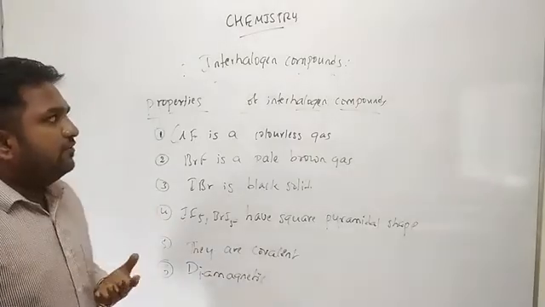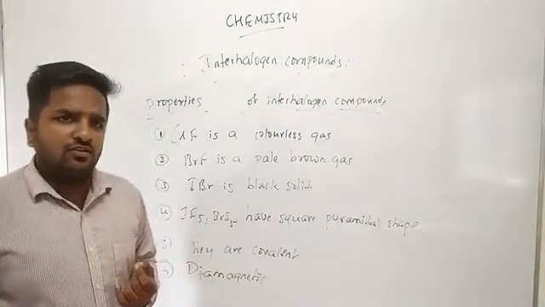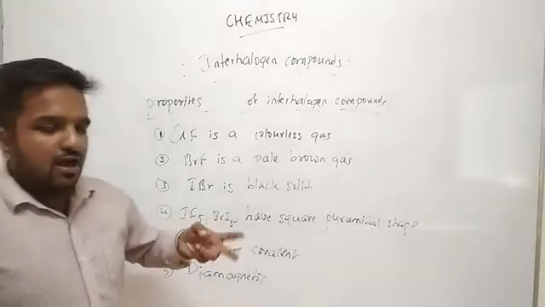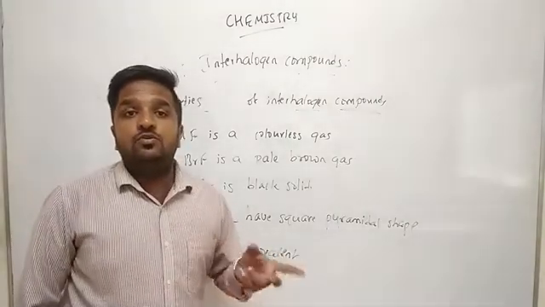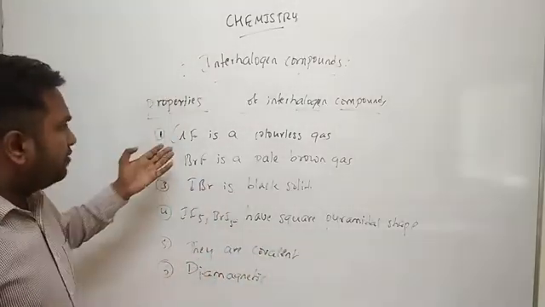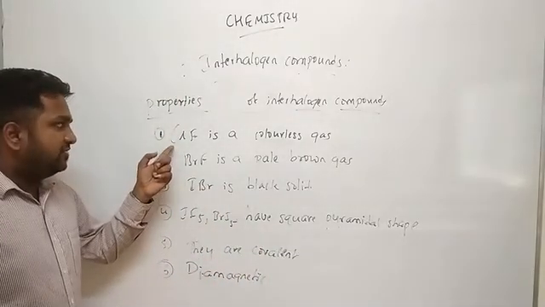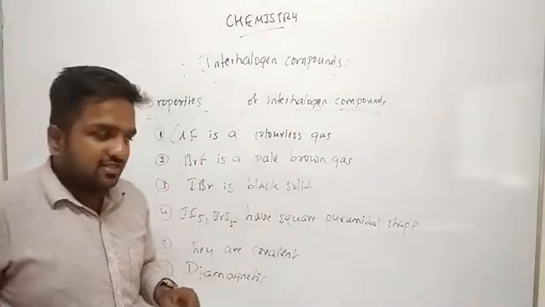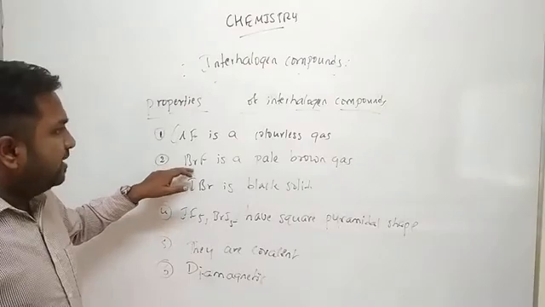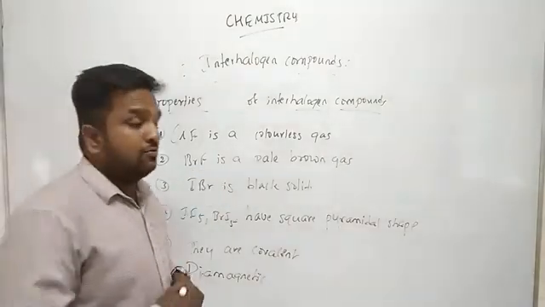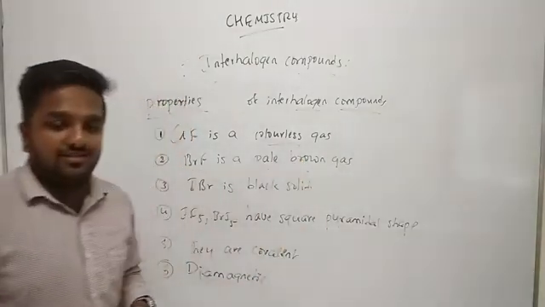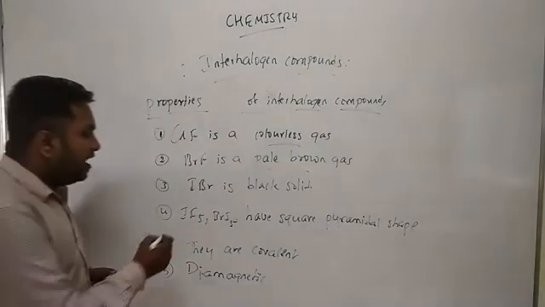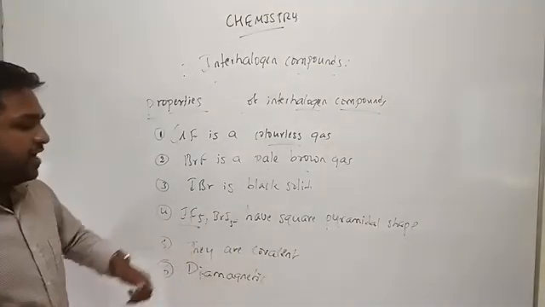So now we are looking at the properties of interhalogen compounds. They differ in their properties because the combinations are between two different halogens. Clear? First of all we have ClF, the combination of chlorine and fluorine. It is a colorless gas, whereas BrF is a pale brown gas, whereas IBr is a black solid.